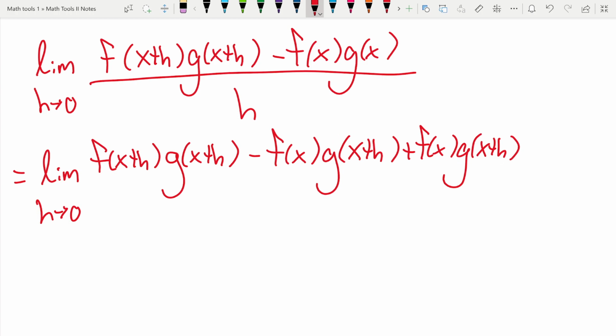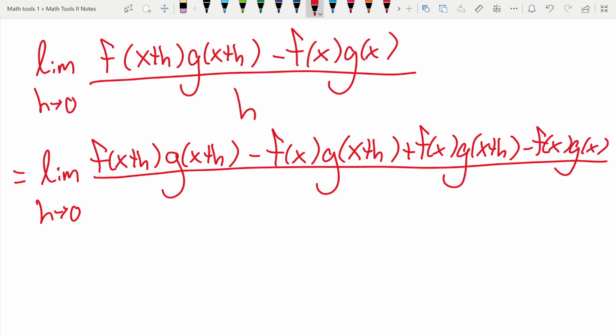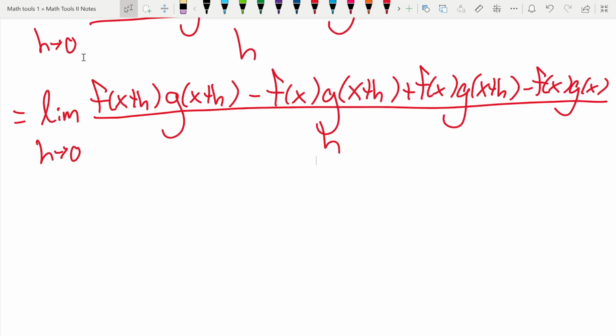These would cancel out, but it'll allow us to rewrite things all over h. So we can regroup these, and specifically we just want to break them as they are. Okay, so just the first two terms over h plus the second two terms over h, taking the limits with us.